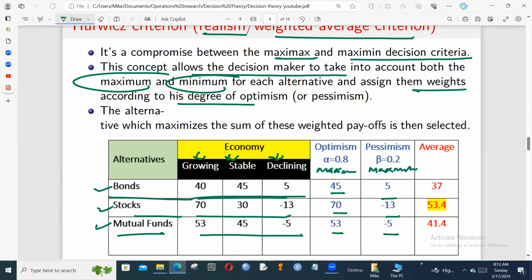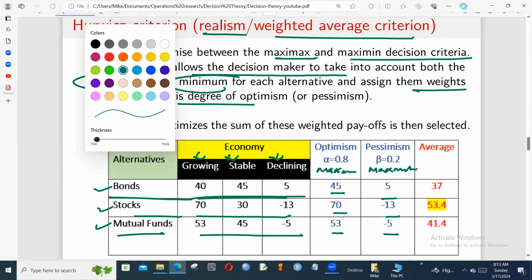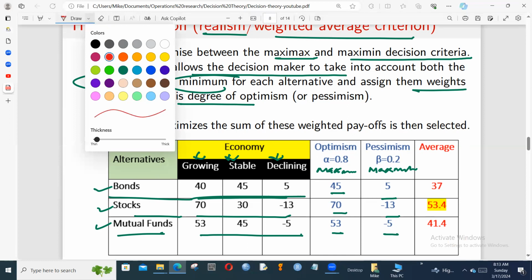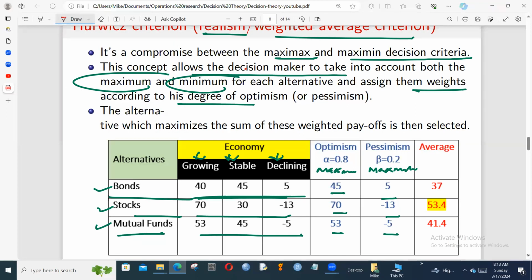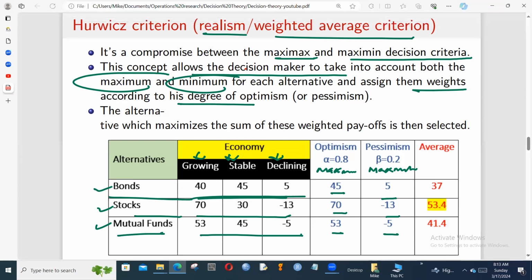But now, what the Hurwicz criterion does is it looks at between the optimism and pessimism and decides that maybe optimism, or the Maximax, is more likely than the Maximin, and so assigns a coefficient or a weight more on optimism than pessimism.